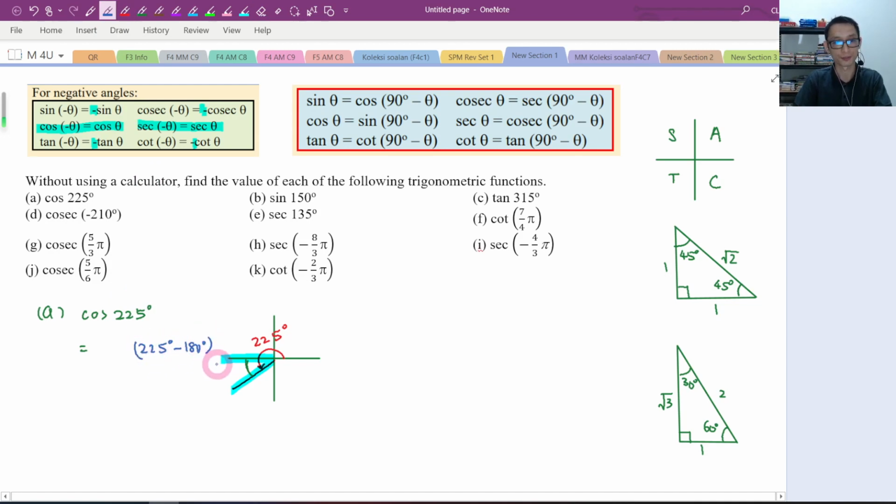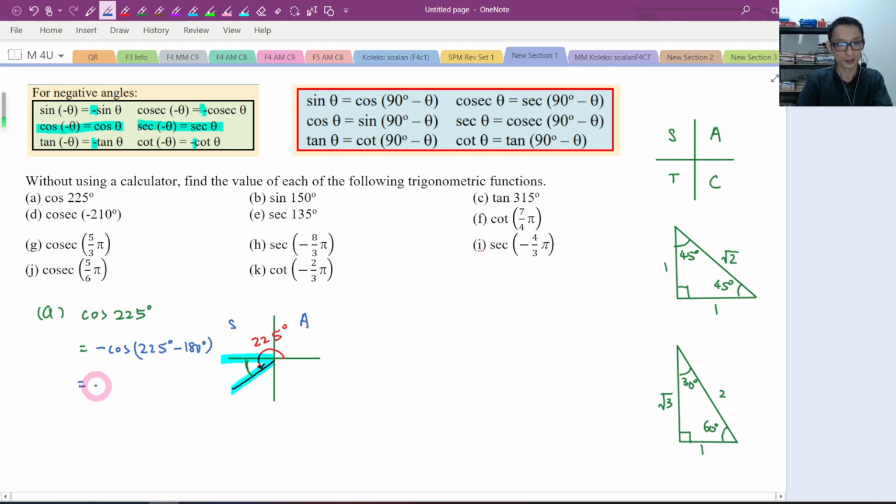Okay, we get the reference angle and add a cosine in front of it. And then we need to think, should we add a negative sign in front of this, which we can determine by using these rules ASTC. This is third quadrant. Third quadrant's tangent positive, cosine negative.